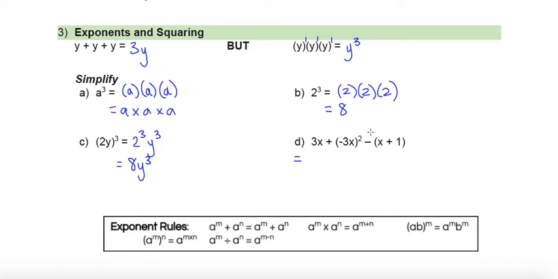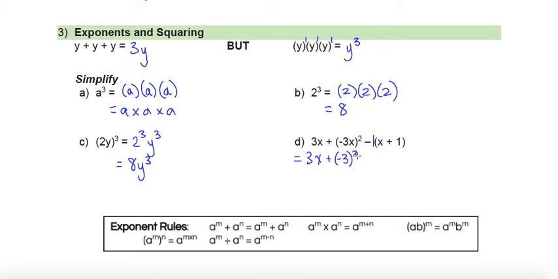So then the last example that we want to take a look at. So here we have a combination of exponents and distributive property. So remember, this is like that imaginary 1 in front of this bracket here. So we have 3x out front. And now we're going to apply this power of 2 to both terms inside of the bracket. So we can do that by taking -3 squared and -3 squared.